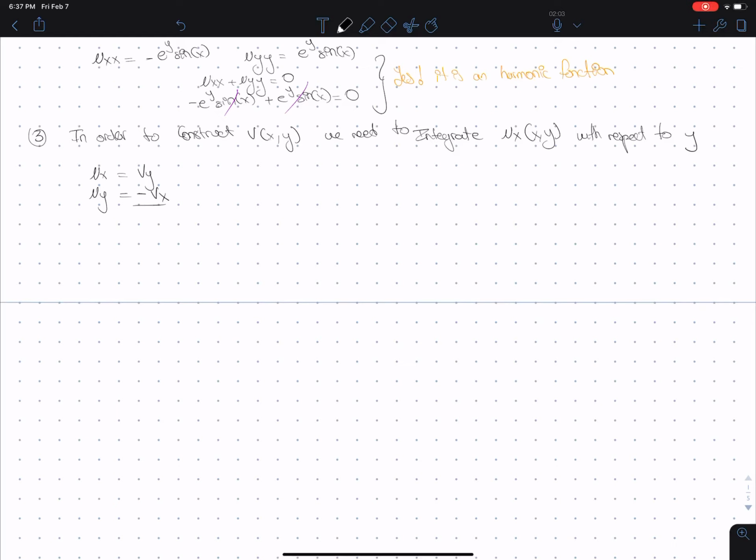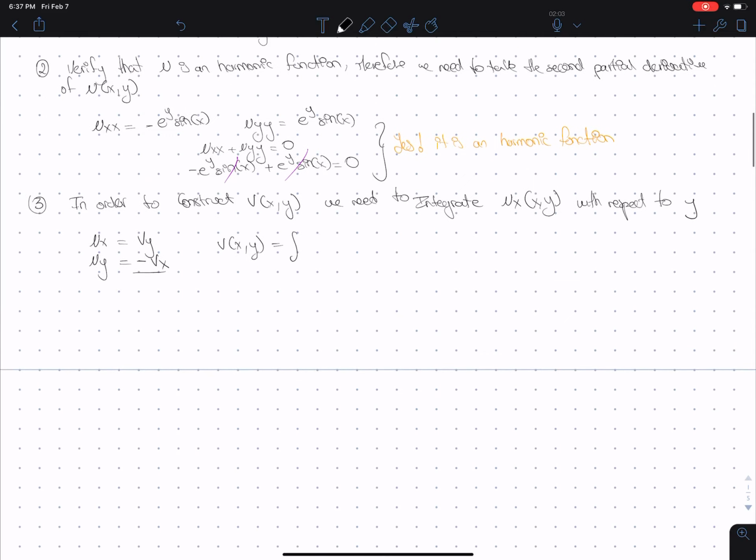So therefore, we can say that v of x and y is going to be equal to the integration of the partial derivative of u with respect to x, with respect to y.